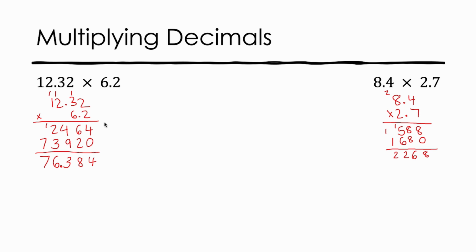Now, if you've done the same thing that I've done here, it means that we have 2 decimal places after the decimal points in both numbers. So we go 2 decimal places and put our decimal point here. So our final answer is 22.68. Sorry for my hoarse voice. I've been talking for quite a while.